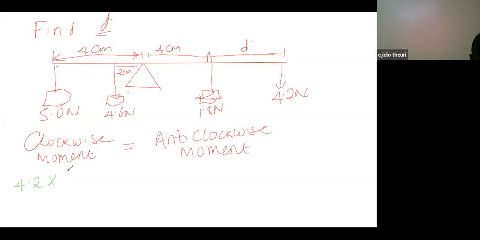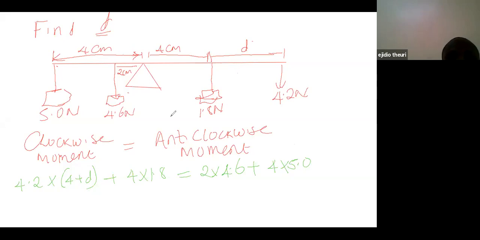So 4.2 times 4 plus D, plus the distance for the 1.8, which will be 4, so 4 times 1.8, is equal to the anti-clockwise, which will be 4.6 plus the distance, 4 times 5.0. The secret here is we need to be very careful on the distances. All the distances must be measured from the pivot.